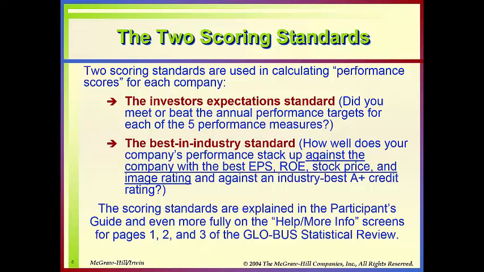So you're also judged whether you're above or below the average of all the actual performance. So not only did you meet the investors' expectations, but how well did you perform compared to the other teams? Make sense? Each of those is weighted 50%. Okay?